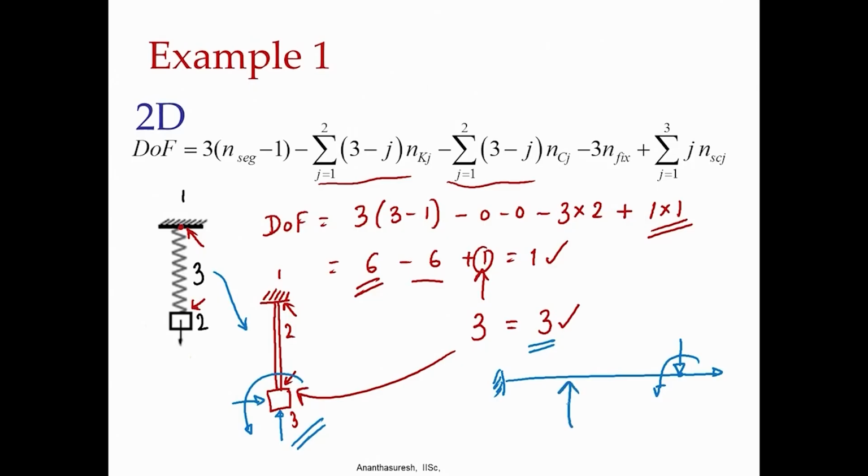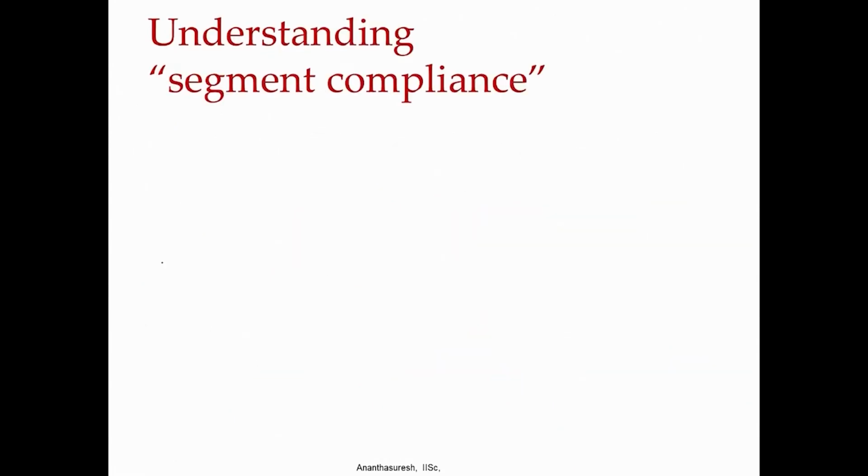So, a cantilever beam has a segment compliance of 3. When in doubt, you take the full. When you know, like in this case of a spring, you take it as 1 because the spring can only go up and down, right.